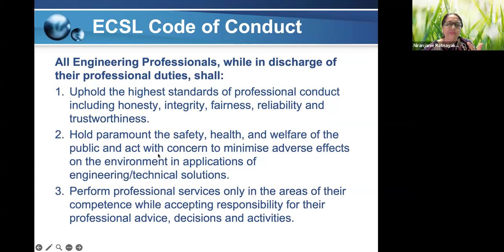Our clause 1 comes here as clause 2. Then 3, perform professional services only in the areas of their competence while accepting responsibility for their professional advice, decisions, and activities. So that is about the competence. That's, I think, our clause 5.